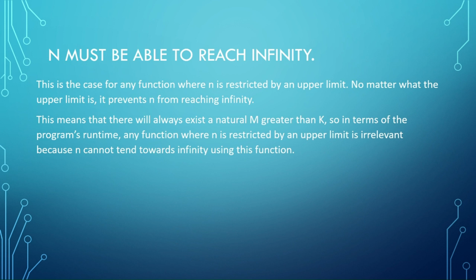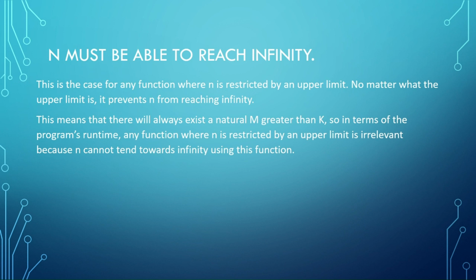The only thing that matters is that it exists. So of course sometimes we'll need to calculate it like in the previous section, but the only thing that actually matters in terms of notation is that it exists. So in terms of the program's runtime, any function where n is restricted by an upper limit is irrelevant.